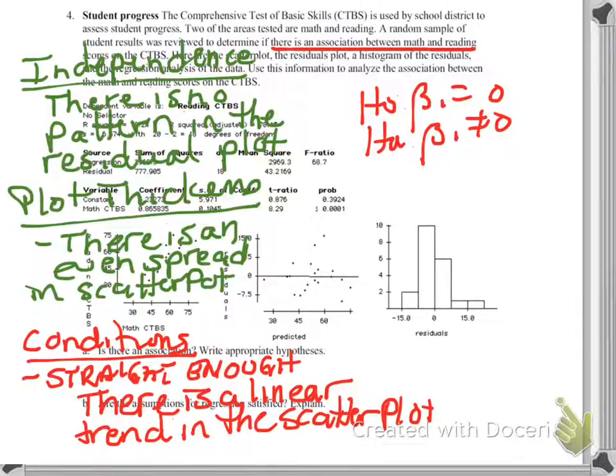Okay, the next one is nearly normal, and I'm going to talk about the histogram. So let's just talk about this guy, nearly normal. Remember, we need to have a normal distribution.